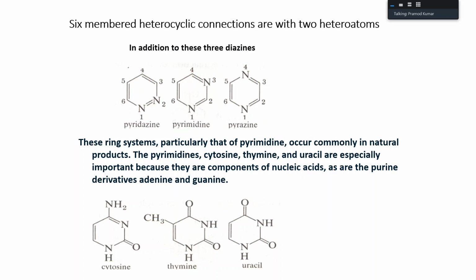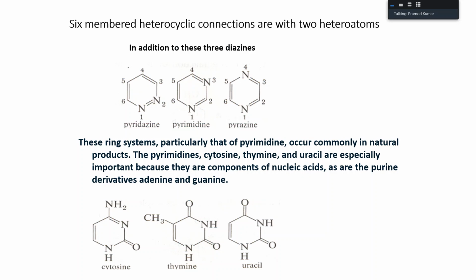And your uracil is 2,4-dioxo 1H pyrimidine. So these are the pyrimidine derivatives present in your nucleic acid. Very important for you.